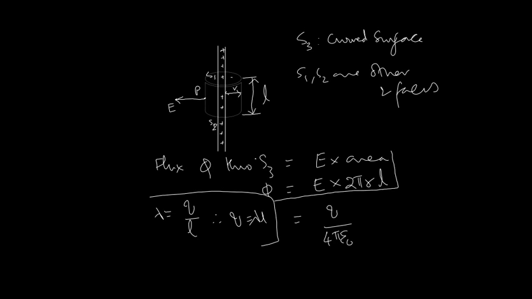But from the Gauss law, phi is equal to Q by epsilon naught. Q is nothing but lambda L, so phi is lambda L divided by epsilon naught.